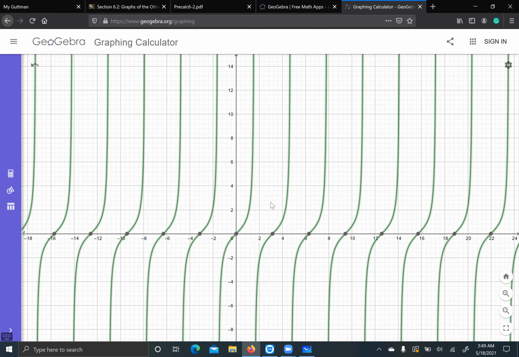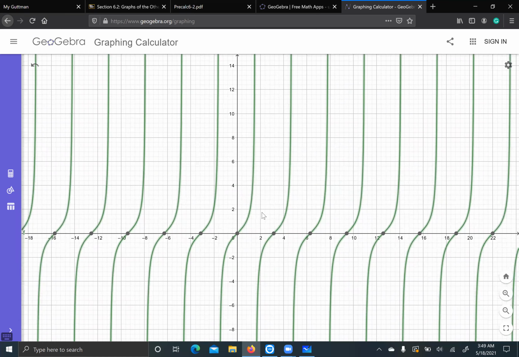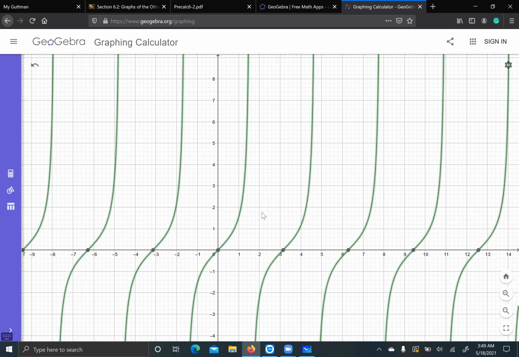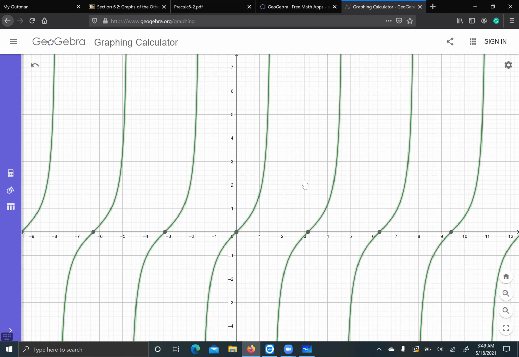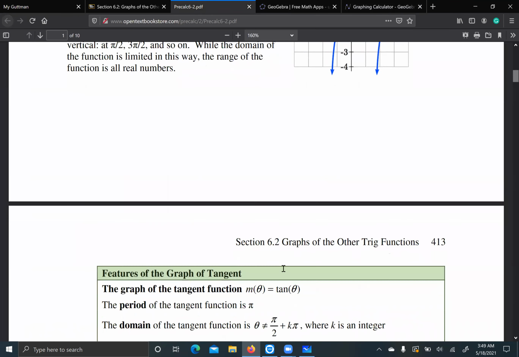And as you can see, there are vertical asymptotes as well. The vertical asymptotes are at the multiples of pi over 2, like pi over 2, 3 pi over 2, 5 pi over 2, 7 pi over 2, and so on, and also for the negative ones. Okay, so that's about tangent.